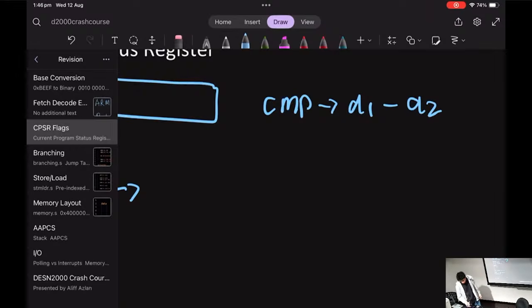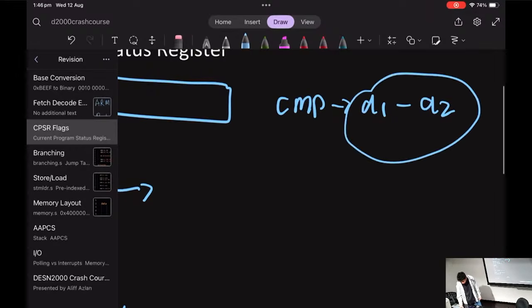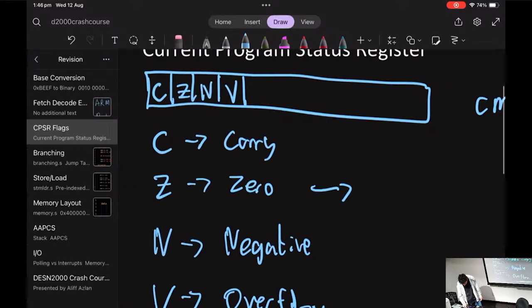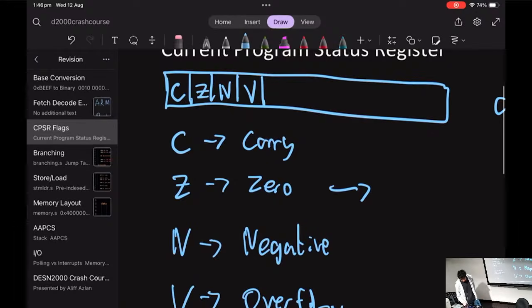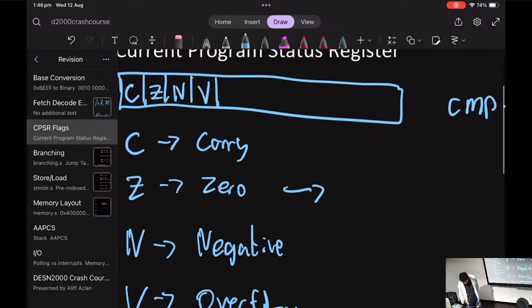Now, the result of these two numbers being subtracted is what updates the flag. So 0, that's the most obvious one. That implies that the result of the subtraction is just 0. All right, pretty straightforward.